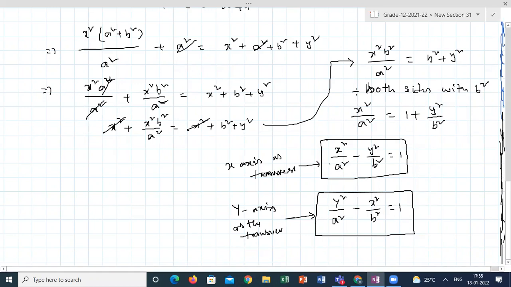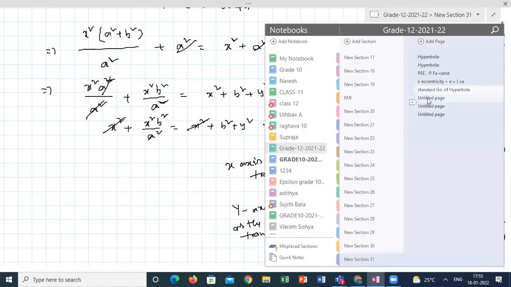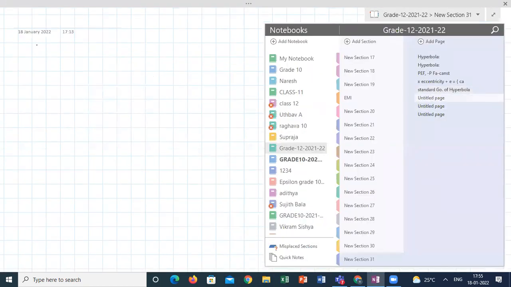Latus rectum, same as ellipse. What is the definition of the latus rectum?